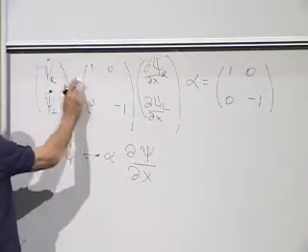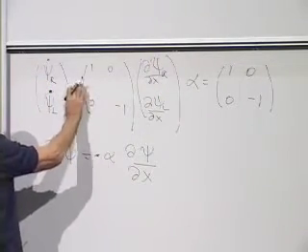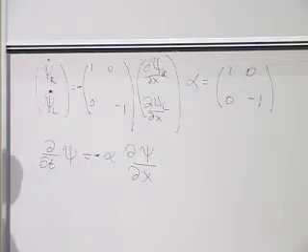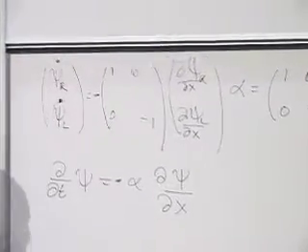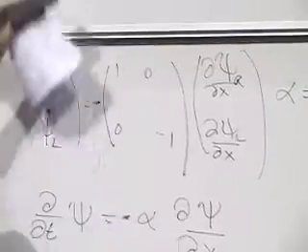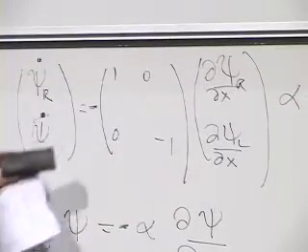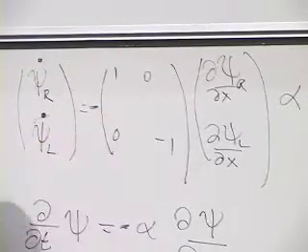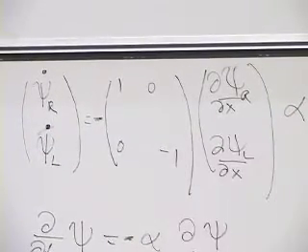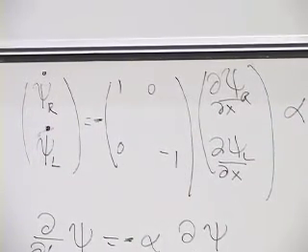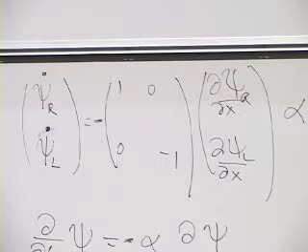Oops, there's a minus sign. There should be a minus sign in here, like that. So this is just a fancy trick for writing two separate linear equations and putting them together into a matrix notation. It's very convenient, but it hasn't done any new physics.